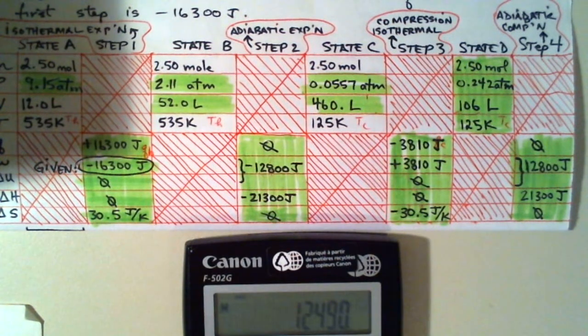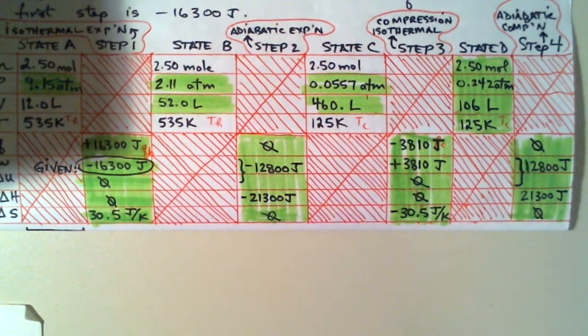And that's 124.90 or 12.5. Right, because I added the cold. Okay, so 12.5 useful work. What is the efficiency? Last thing. What is the efficiency of this cycle?